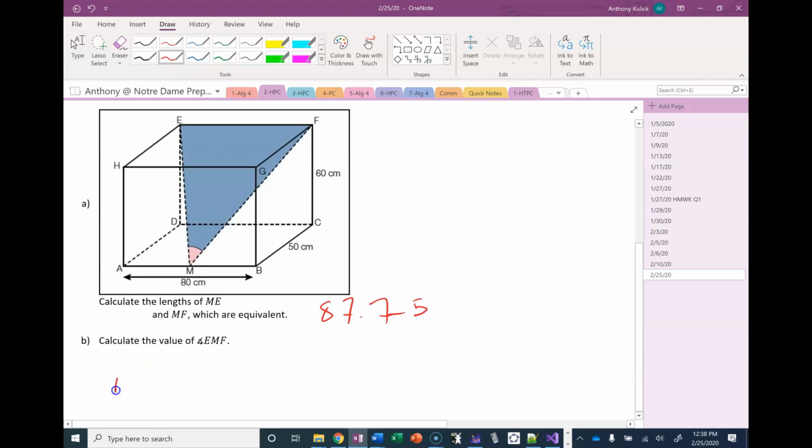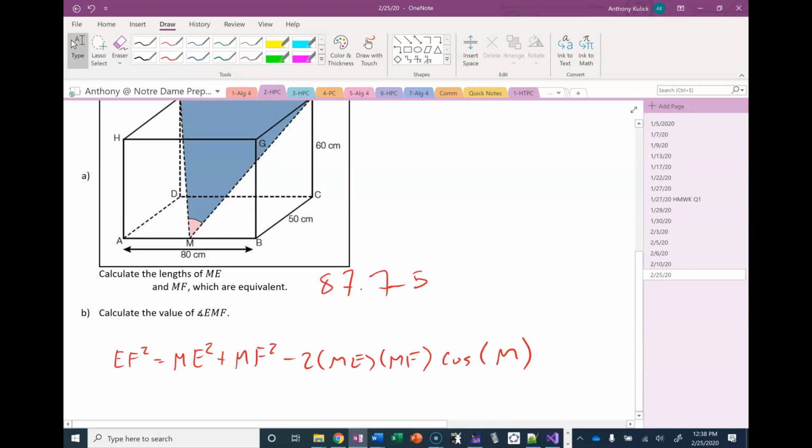So I'm going to have EF squared is equal to ME squared plus MF squared minus 2 times ME times MF times cosine of angle M. Okay with that idea, Jackie?